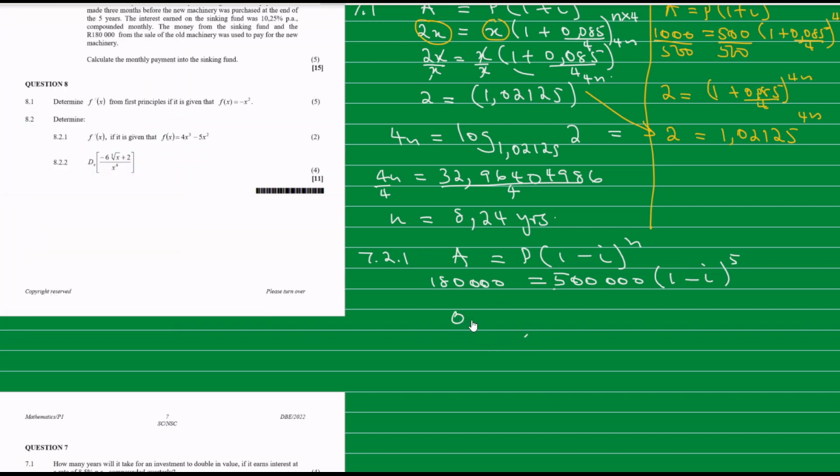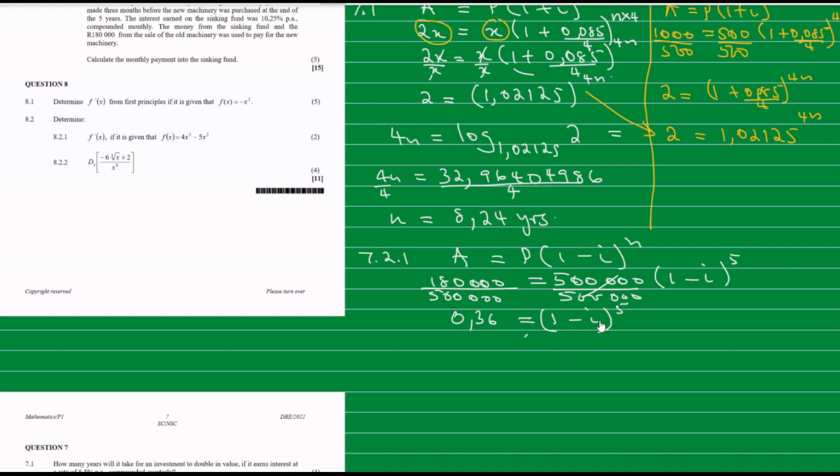So I'll get here 0.36 will be equal to, we have divided by 500,000, so this goes and this simplifies to that. So we are left with 1 minus i, that to the power 5.